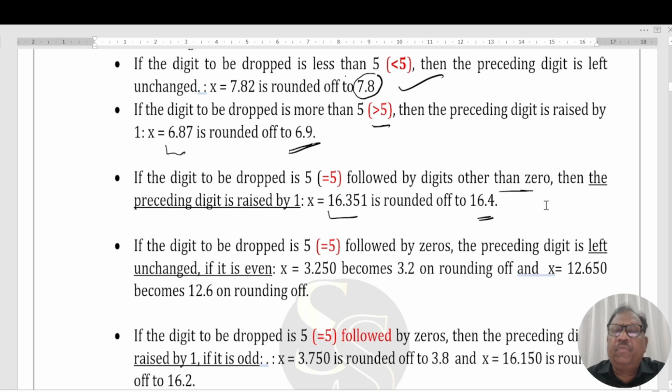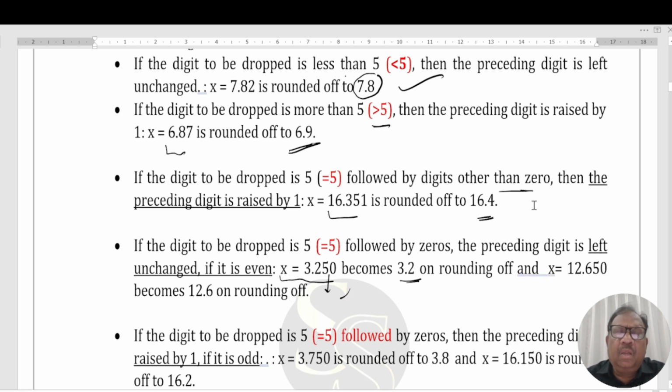If the digit to drop is 5, followed by zeros, the preceding digit is left unchanged if it is even. 3.250, इसको फॉलोड बाई 0 है, ये इवन और इसको इवन रहने दिया जाएगा. राइट? एंड सिमिलरली 12.650 becomes 12.6.